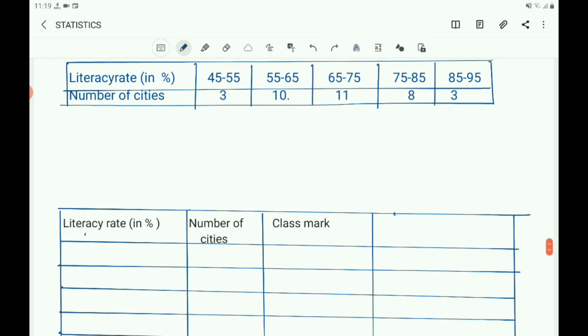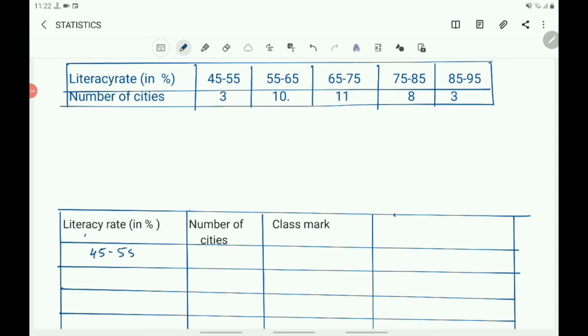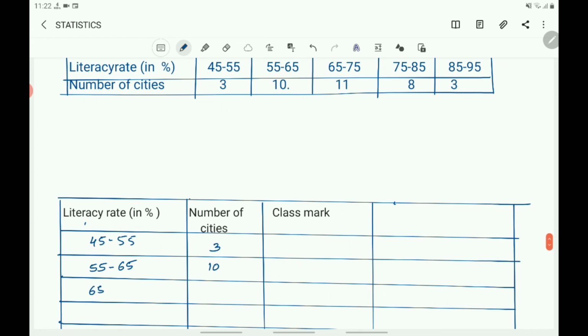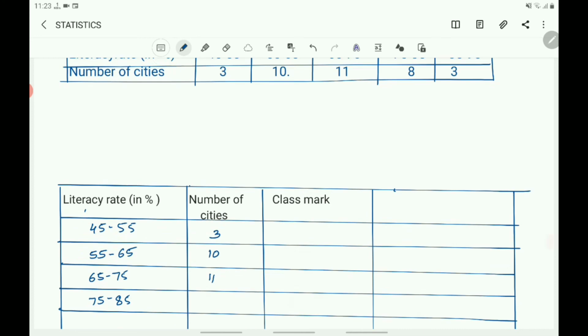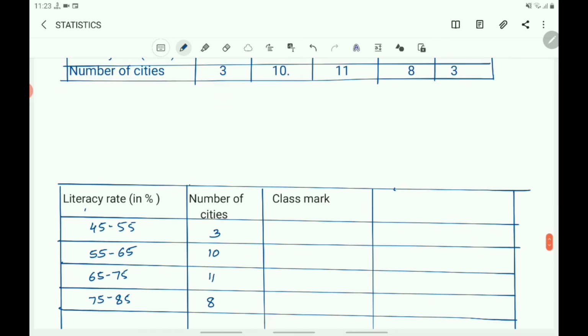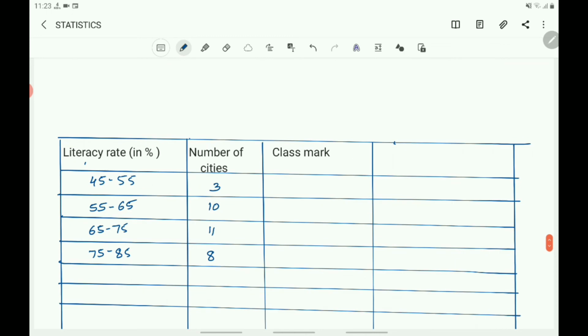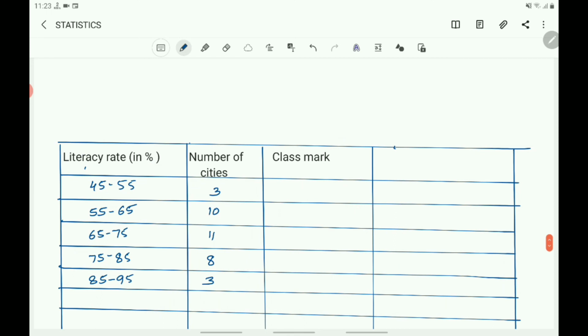First one is 45 to 55 in 3 cities. 55 to 65 in 10 cities. 65 to 75 in 11 cities. 75 to 85 in 8 cities, and 85 to 95 in 3 cities. Here 2 columns are filled up.